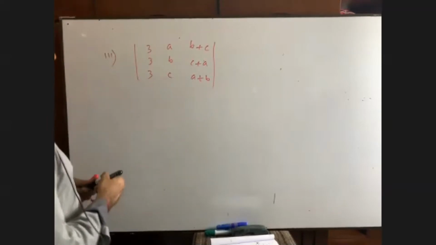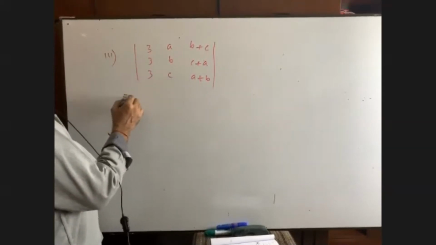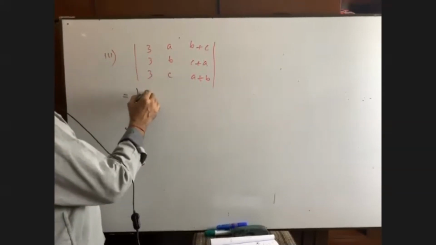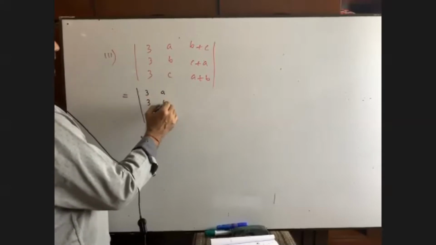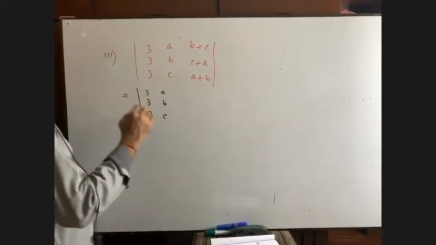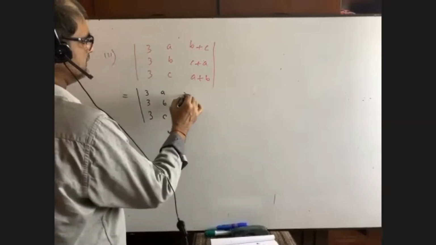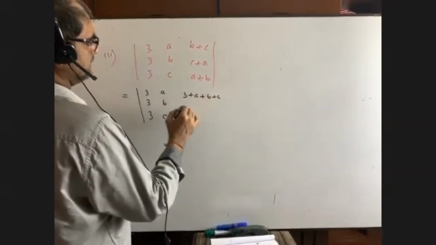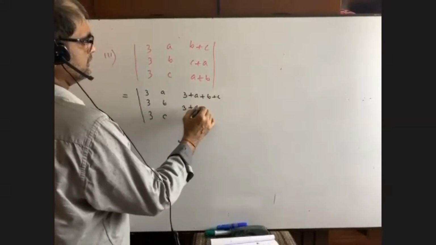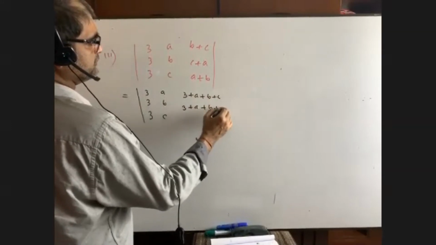Actually, what you are getting here, will I do or you will do? 3, 3, 3, A, B, C. Here, what can be written? 3 plus A plus B plus C.